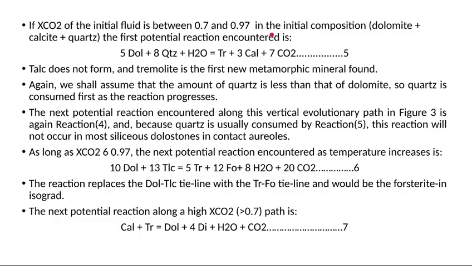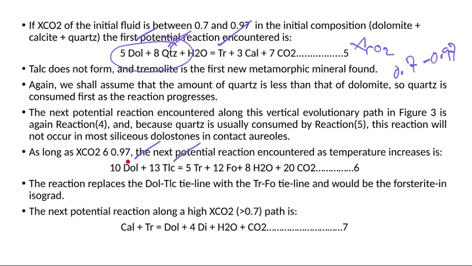Going to next, when the XCO2 is 0.7 to 0.97, what will happen? Dolomite plus quartz will directly give tremolite, and this reaction will continue until one phase is consumed. After quartz is consumed, dolomite will react with talc.